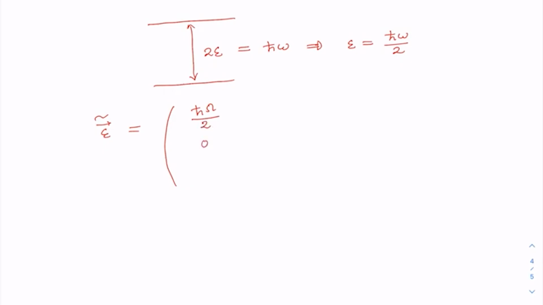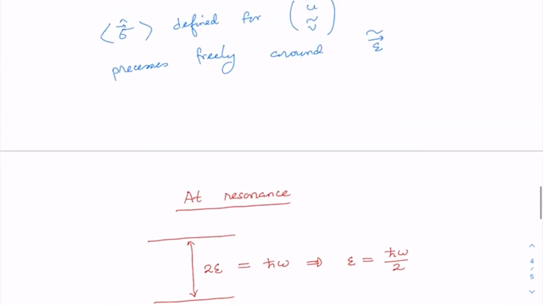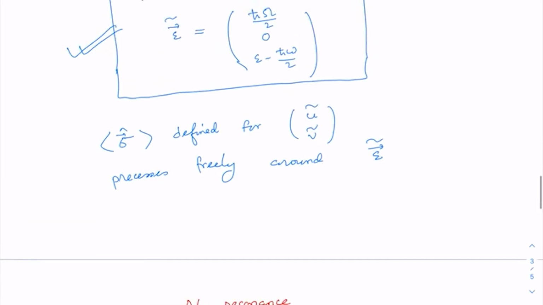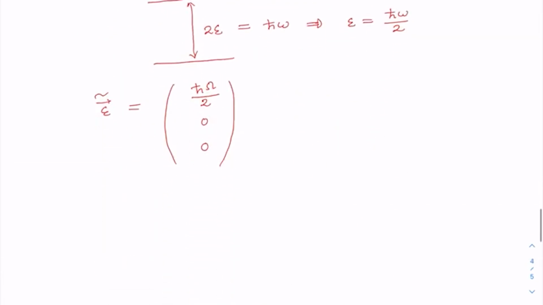The y component we already took to be 0, and the z component is going to be 0, because if it is not at resonance, the z component is non-zero, that is epsilon minus h cross small omega by 2. Now at resonance, these are equal, so it would be 0. And the Hamiltonian would remain the same form, epsilon tilde dot the Pauli vector sigma.